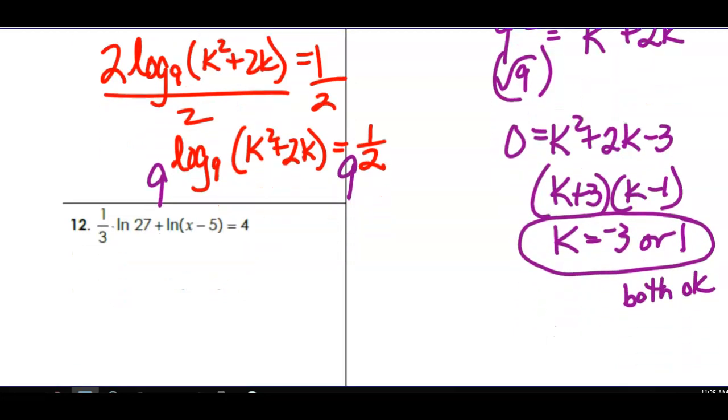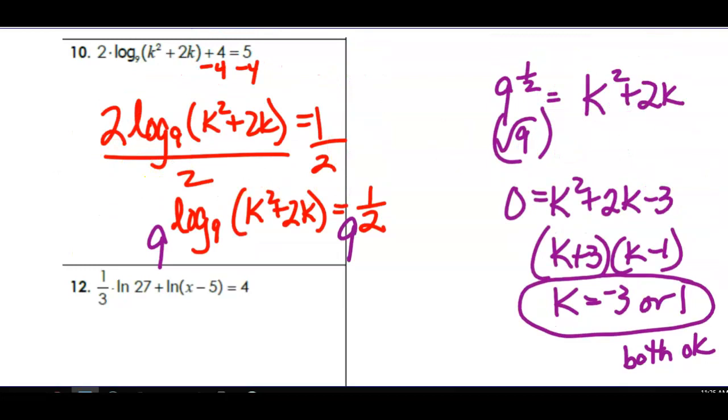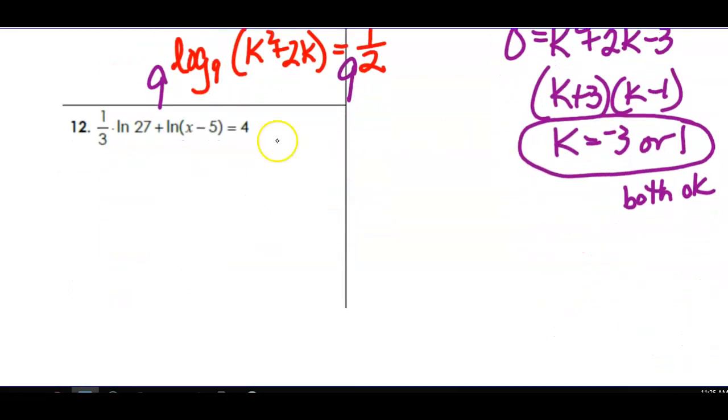All right, I think this might be the last problem. This time we need to raise this to the 1/3, which is the cubed root of 27, which is 3. So this becomes the natural log of 3.